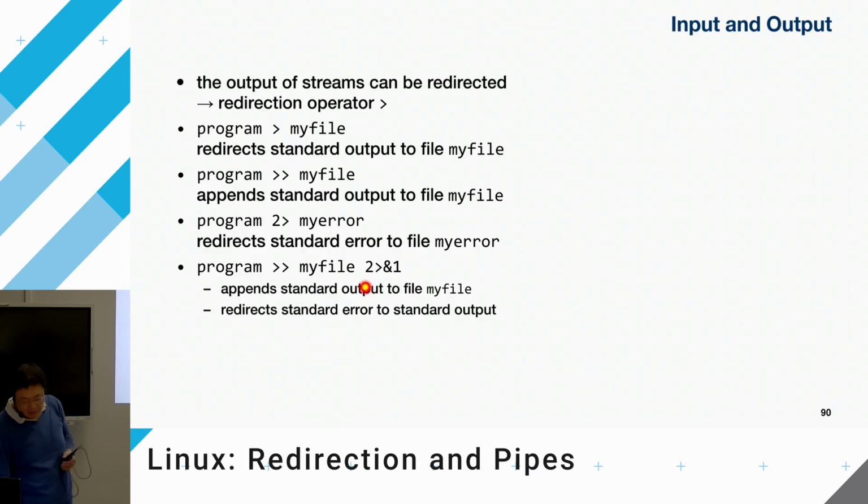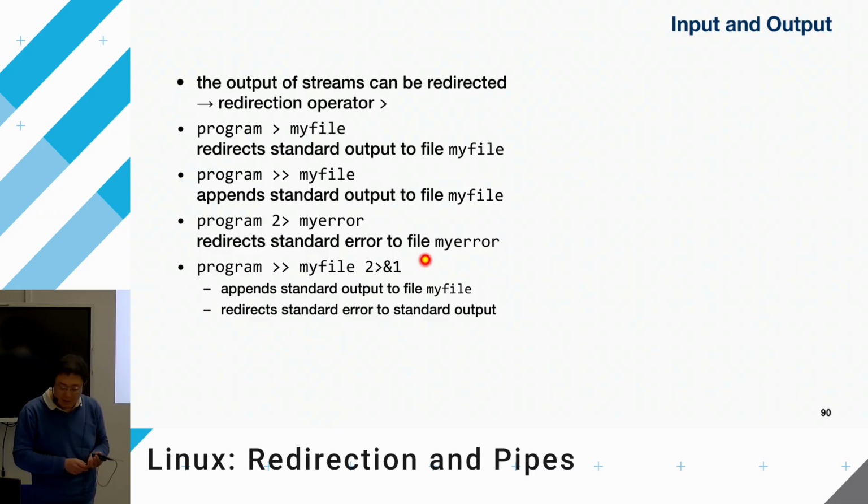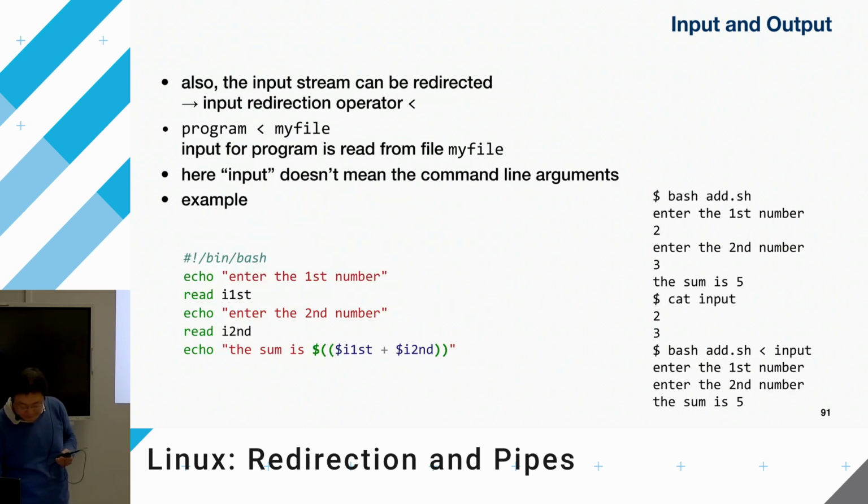So here the labels for standard error and standard output are used. As you can see, it's a very powerful tool for you to redirect the output from an application.